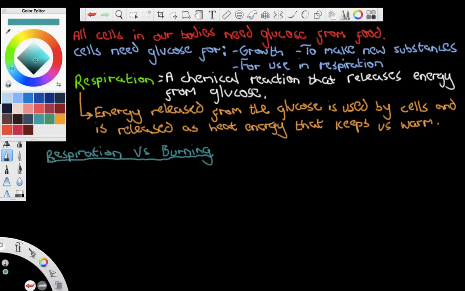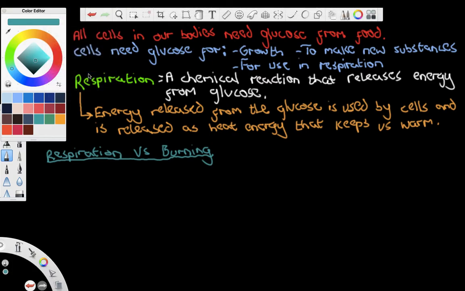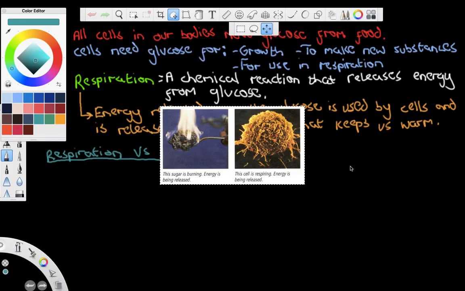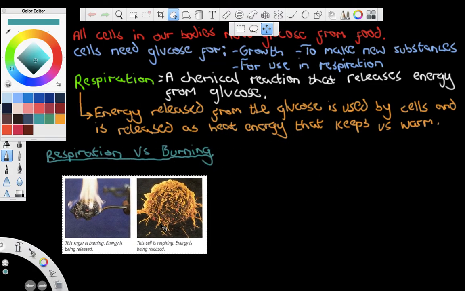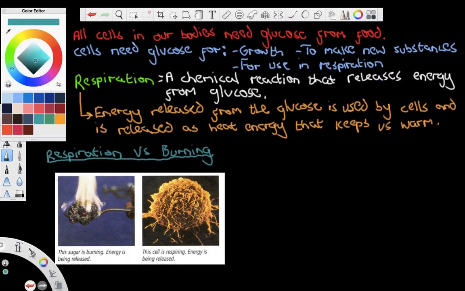And from our lesson slides, from our PowerPoint, we have also got some images that I'd like to add. So comparing burning and respiration, the following image is found on the lesson slides, okay? If you look on the left, this is sugar being burnt. When we burn sugar, a flame is made, which is energy being released. On the right is a cell that is carrying out respiration and it's releasing energy, okay?